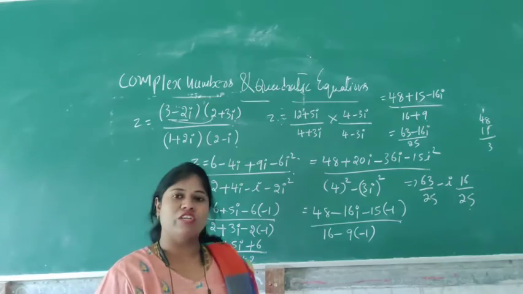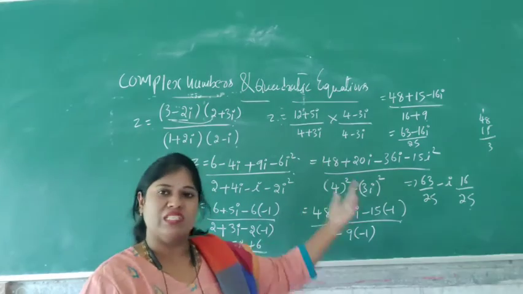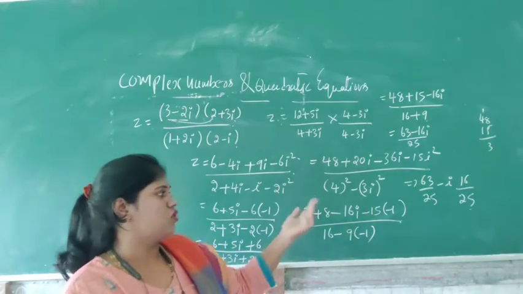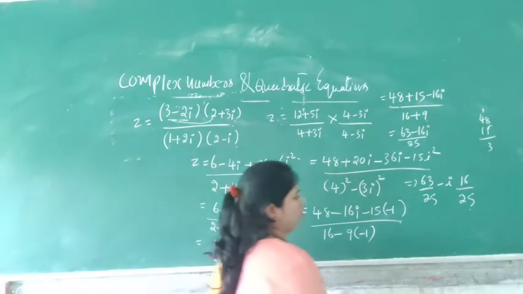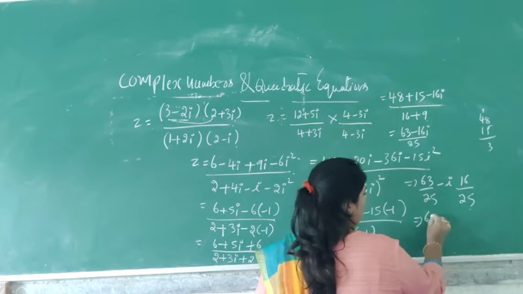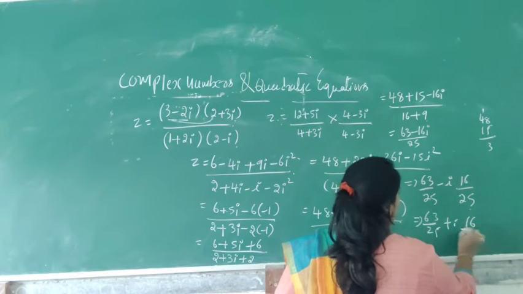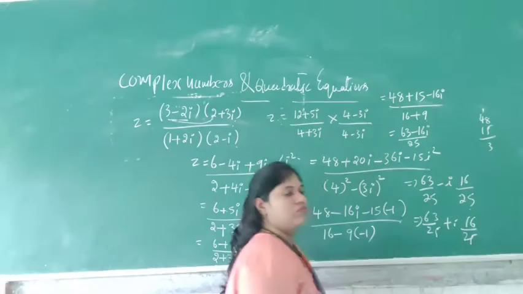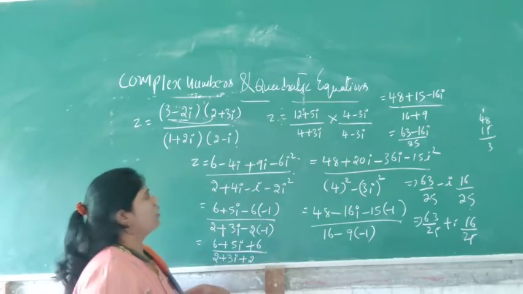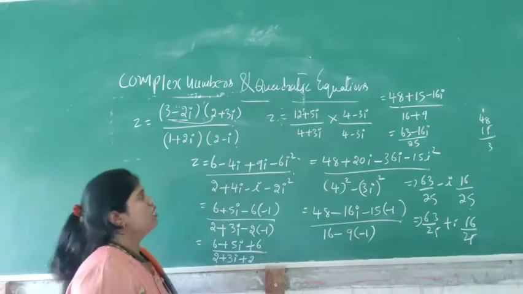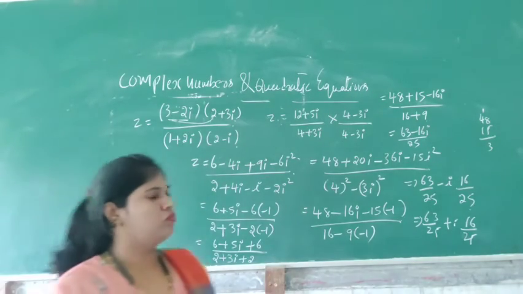If I take the conjugate, conjugate means z bar of z. So you can change the sign to plus. Okay. So 63 divided by 25 plus i 16 divided by 25. This is the conjugate of the complex number.